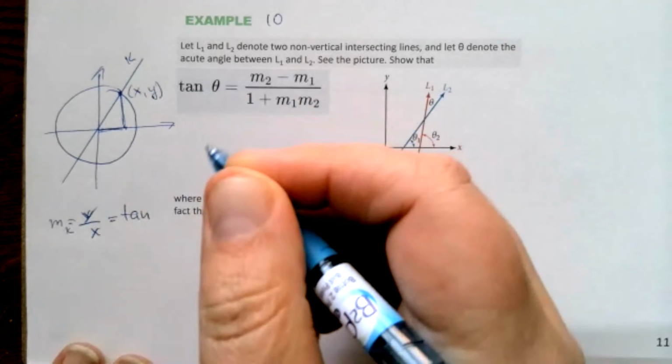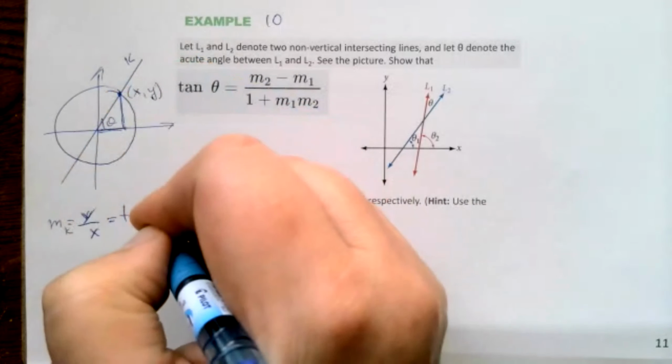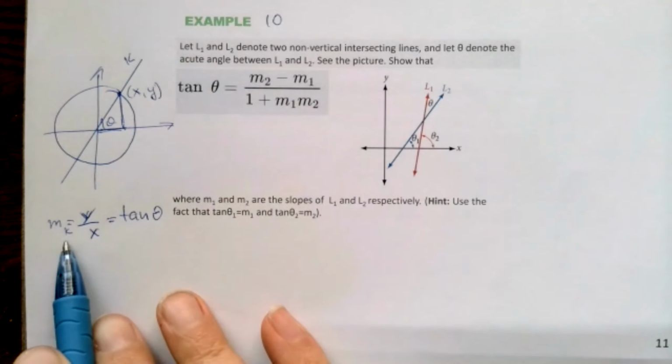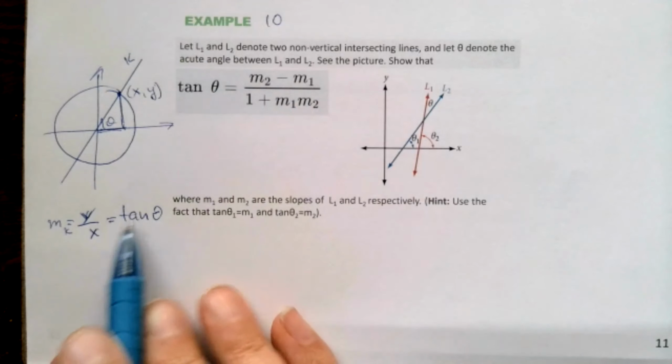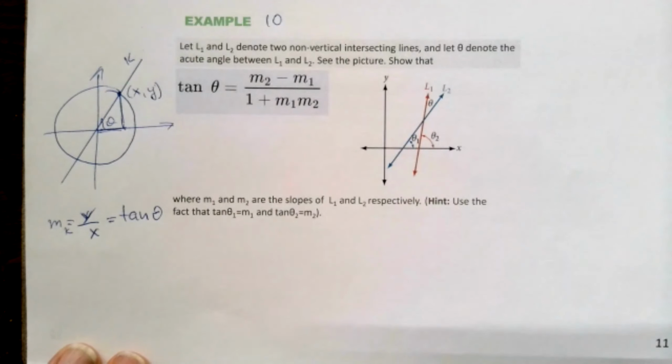Yes, that's going to be the tangent of that angle theta. So basically tangent and the slope of the line are the same thing: tangent equals the slope of the line that forms that angle theta. All right, so we're going to use it here in this problem.